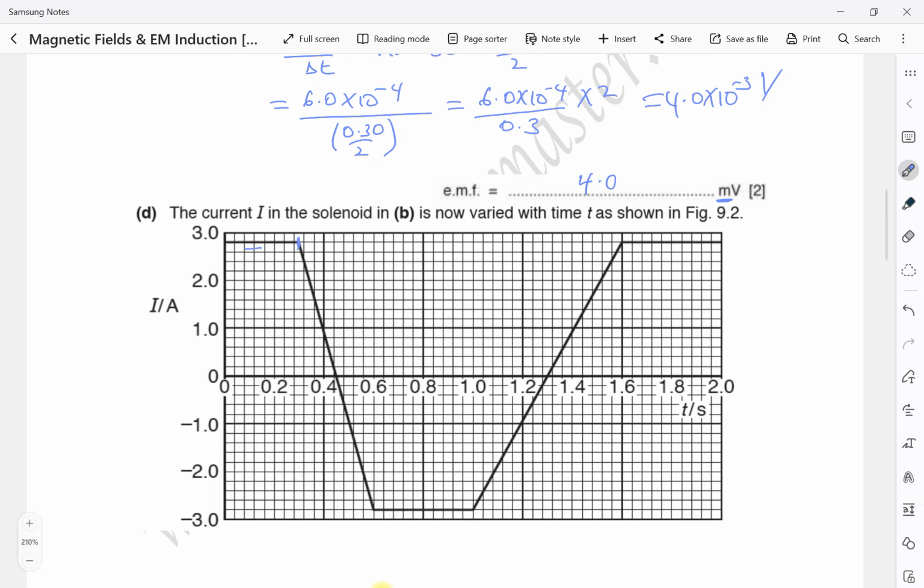So the induced EMF corresponding to that current would be 0. Whenever the current is constant, the induced EMF corresponding to it is 0 because the induced EMF is directly proportional to the rate of change of magnetic flux linkage. If the current is constant, the magnetic field is constant. A constant magnetic field implies that the magnetic flux linkage is constant, so the rate of change is 0.